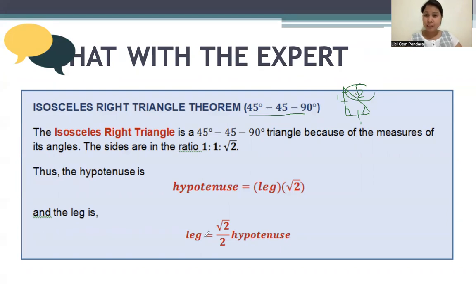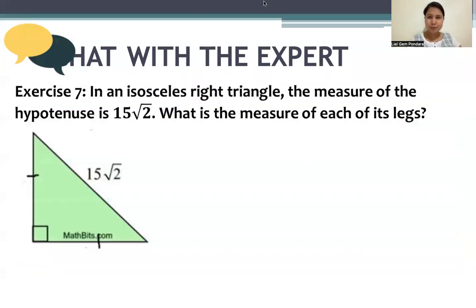And if you're looking for the leg, given the hypotenuse, that will be square root of 2 over 2 times the hypotenuse. For example, let me first clear this. Let's go to the next page. For example, in an isosceles right triangle, the measure of the hypotenuse is 15 square root of 2.